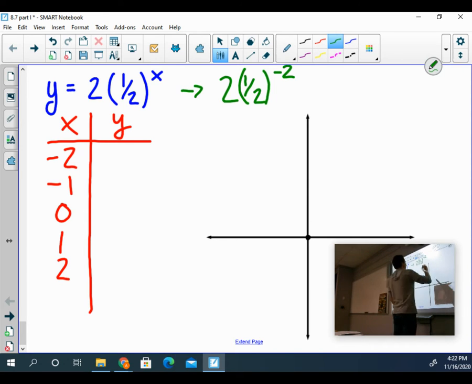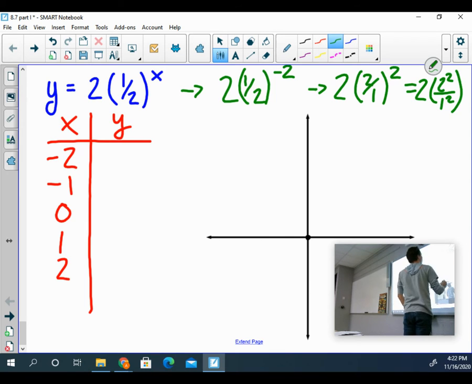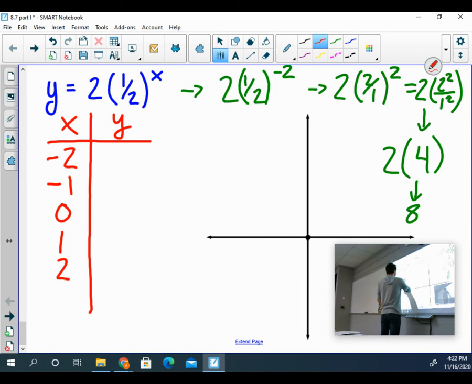Well, I know when I have a fraction and a negative exponent, I can just flip the fraction and it'll make my negative exponent positive. From here, distribute that exponent and I get 2 times 2 squared over 1 squared. 2 squared is 4, 1 squared is just 1. And I'm left with 2 times 4, which gives me 8.